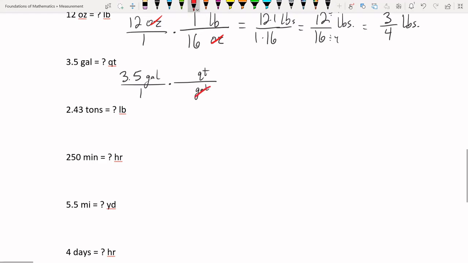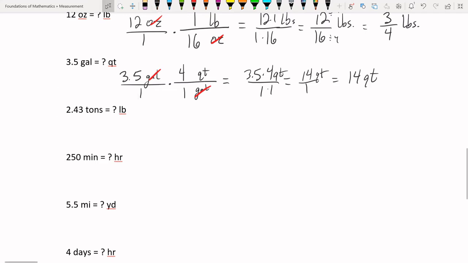That way the gallons cancel, top and bottom. 1 gallon equals 4 quarts. 3.5 times 4 over 1 times 1. It gives us 14. 14 over 1, and these are quarts. 14 over 1 is just 14. 14 quarts.